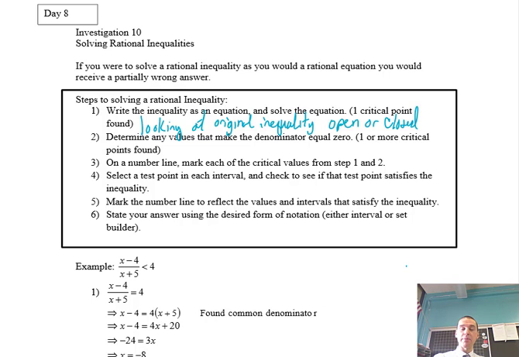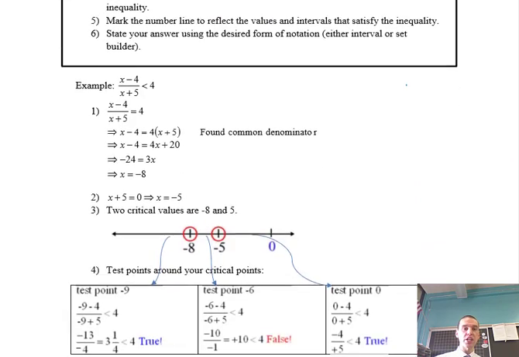When the denominator is equal to 0, we will always have an open circle. Always. Because the function can never be defined where it's undefined, it's why it's always going to be an open circle.